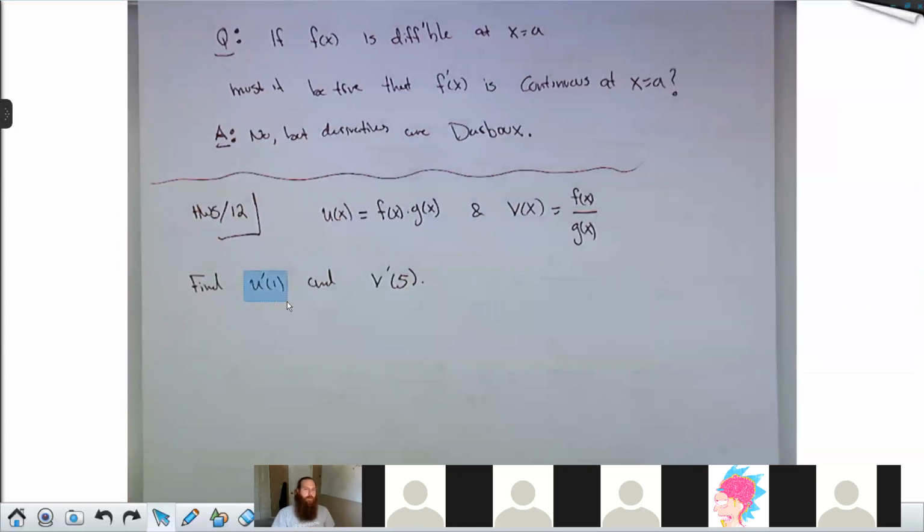So in order to find u primed of 1, I need to know what u primed of x is. That means I need to differentiate this expression. Similarly, in order to find v primed of 5, I need to know what v primed of x is. So I need to differentiate this expression. Let's go after the u's first.